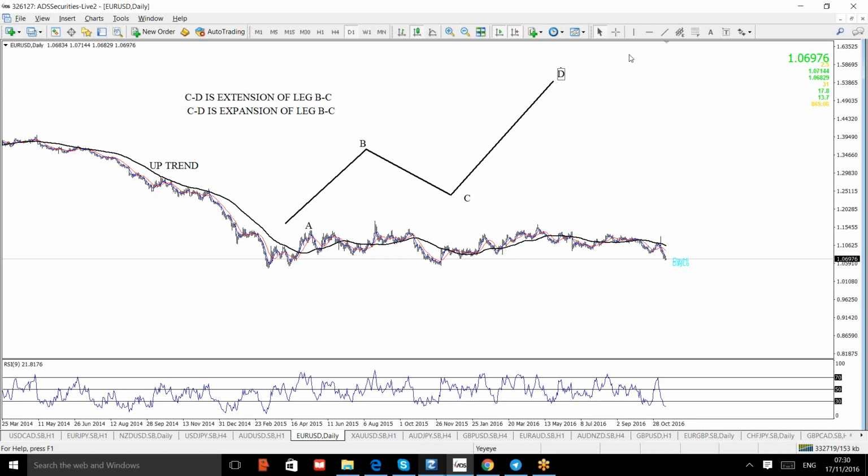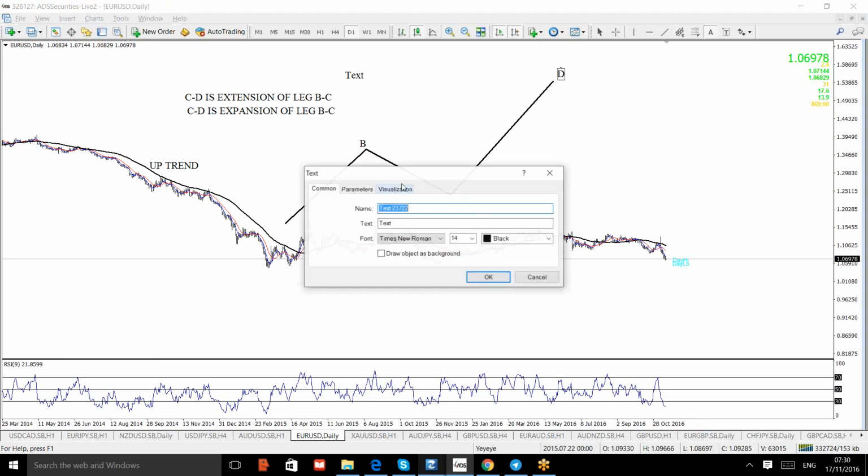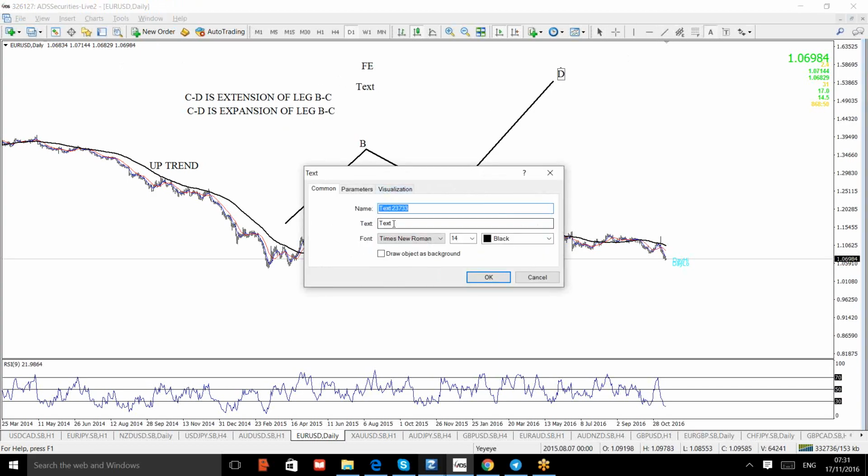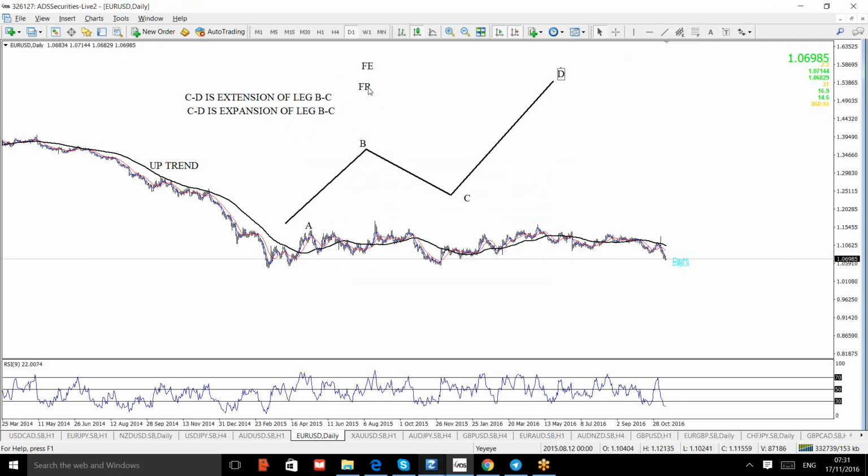And we call it the expansion tool. Fibonacci expansion, Fibonacci retracement. So you write it like this. Fibonacci expansion. You will see this used like this. Some systems use it like this. Fibonacci retracement. Understand, guys? Everybody's clear?